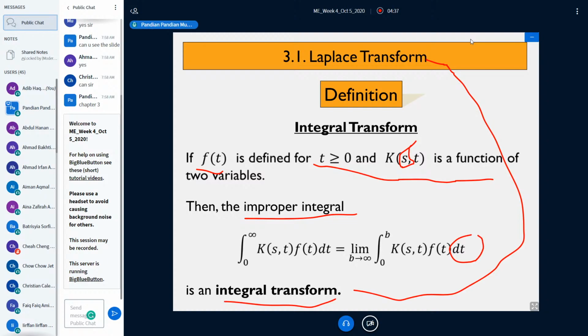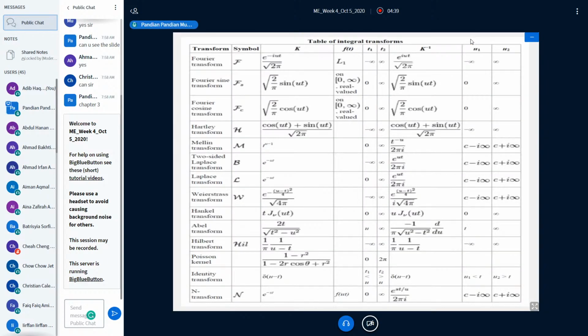So how do we do that? This is the way we do that. But before that, this is the table that shows all the transformations in the first column. This is a huge table of integral transforms, but we are concerned only with this one, the Laplace transform.